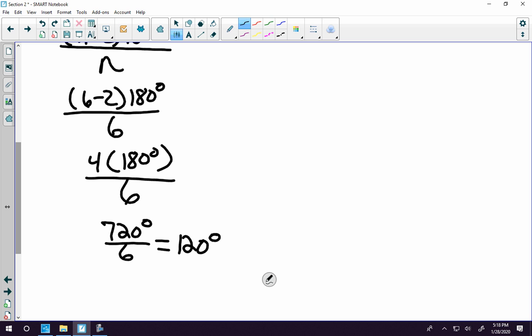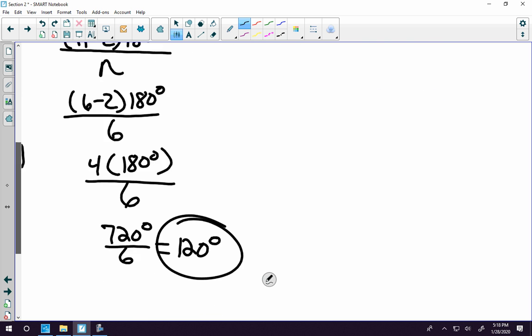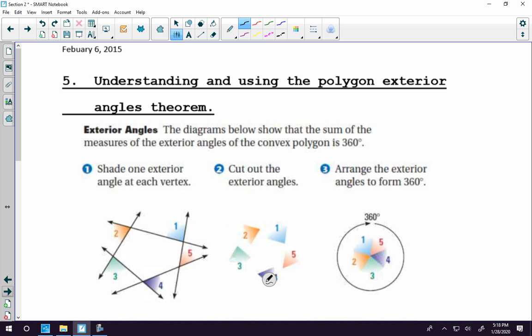So each interior angle of a regular hexagon is 120 degrees. Remember, we're taking the sum of the interior angles, which is 720 degrees here, dividing it by 6 because it's a regular hexagon. If you would like to come back to do more of those, you can.